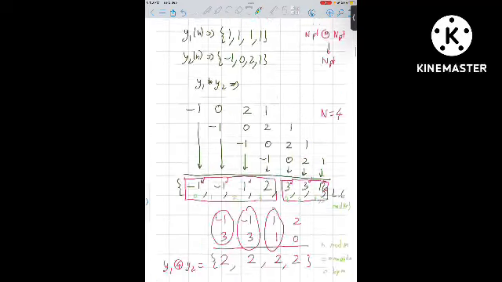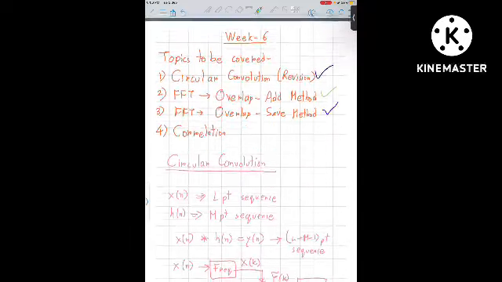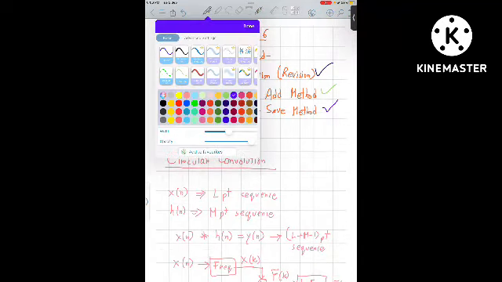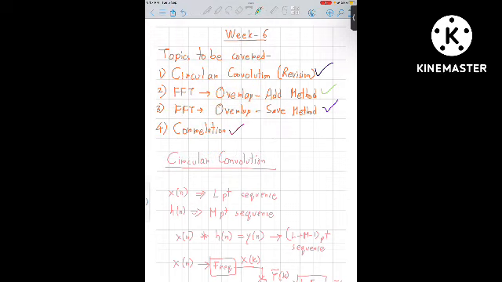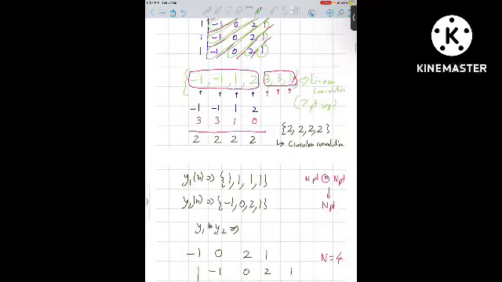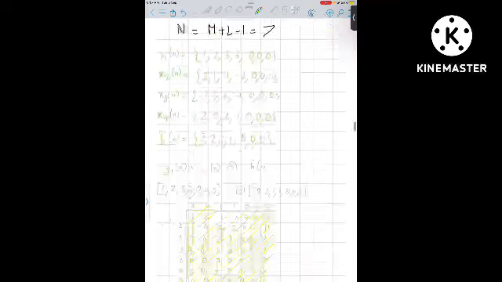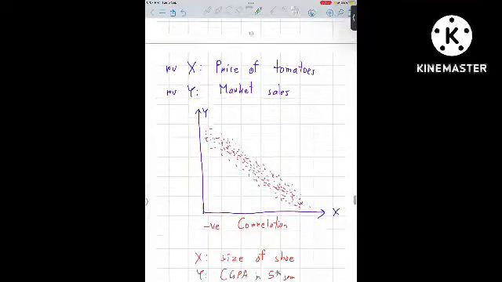Okay, so let me answer the question about the power spectral density and the cross correlation. Let me take the example of AWGN, additive white Gaussian noise. What kind of a property does this noise have?